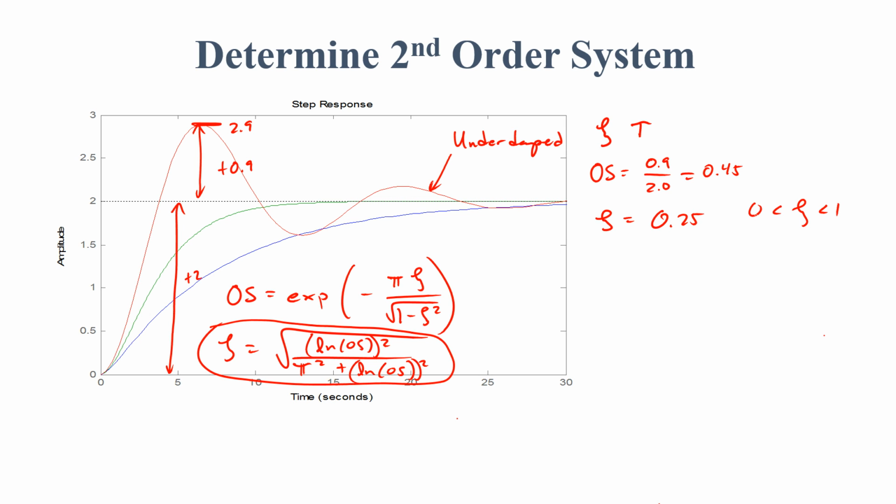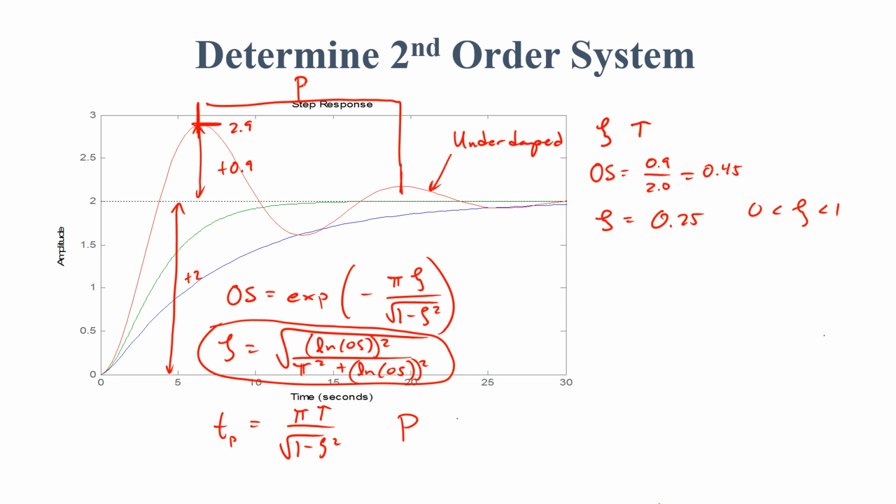Then we can use our peak time calculation. Peak time equals pi tau over the square root of 1 minus zeta squared. We could also use the period, which is the time between here and here.